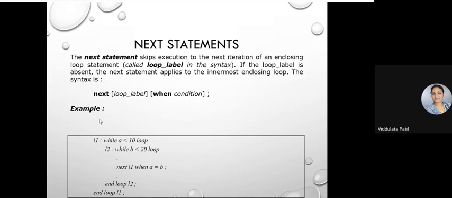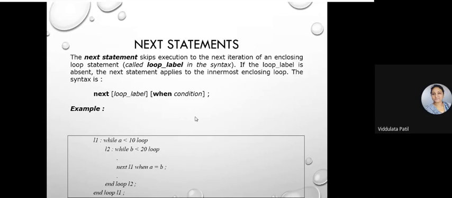So if there is no loop label assigned, then it will go to the innermost enclosing loop, and the syntax for this is next, then loop label, when, and condition. Okay, so that means when it goes to the next statement will be decided by this when condition. So if this condition is true, then it will go to the next statement.